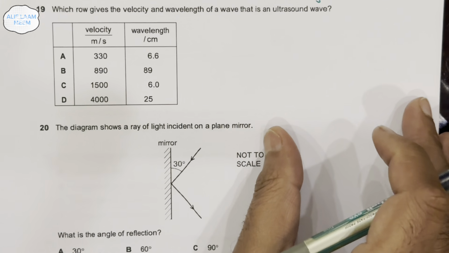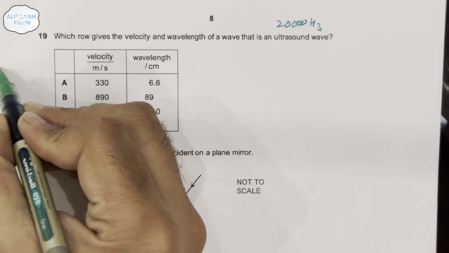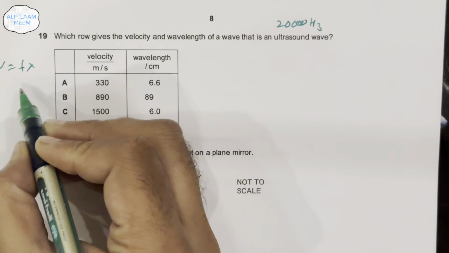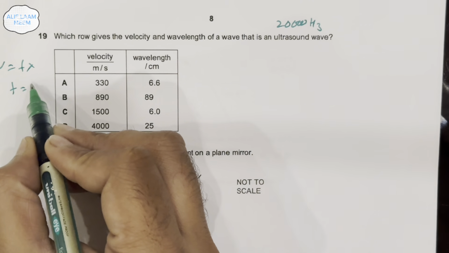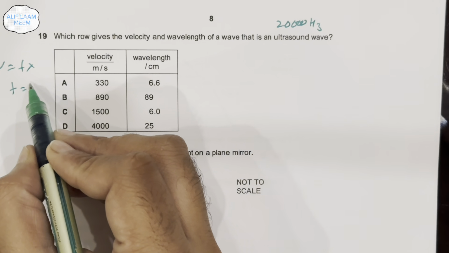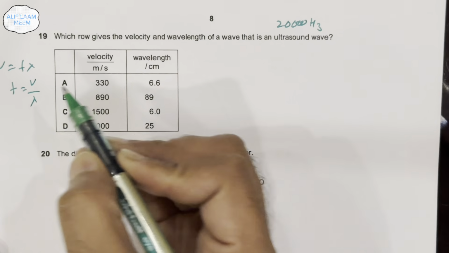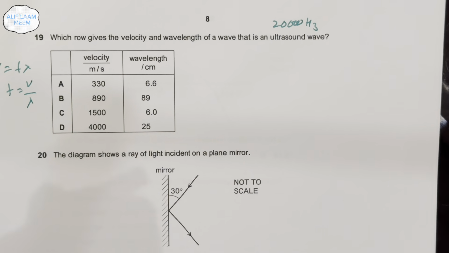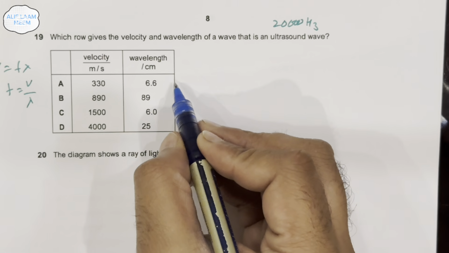So we need the formula that we're going to apply, that is v equals f lambda. Frequency is not given, and frequency should decide whether it is higher than 20,000 hertz or not. So we calculate frequency by v by lambda, and over here the wavelength is written in centimeters, so you need to convert it into meters by dividing by 100.